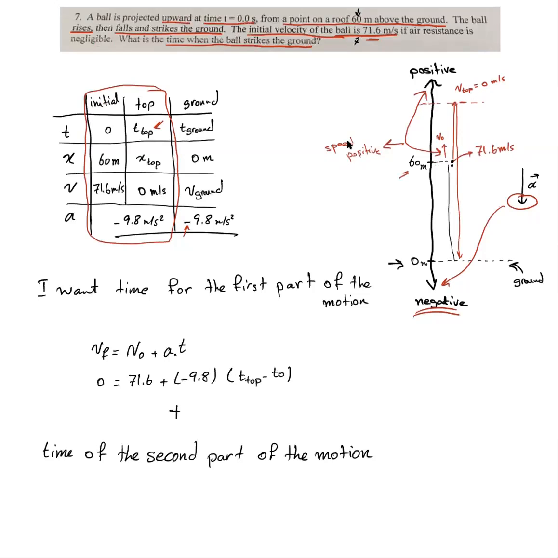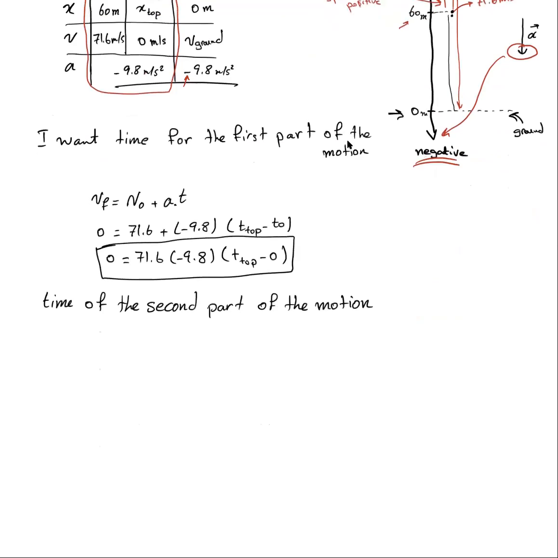And I will go a step further, and we will get the following equation. We don't know t top, and t initial is 0. We solve this, we get the time for the first part.